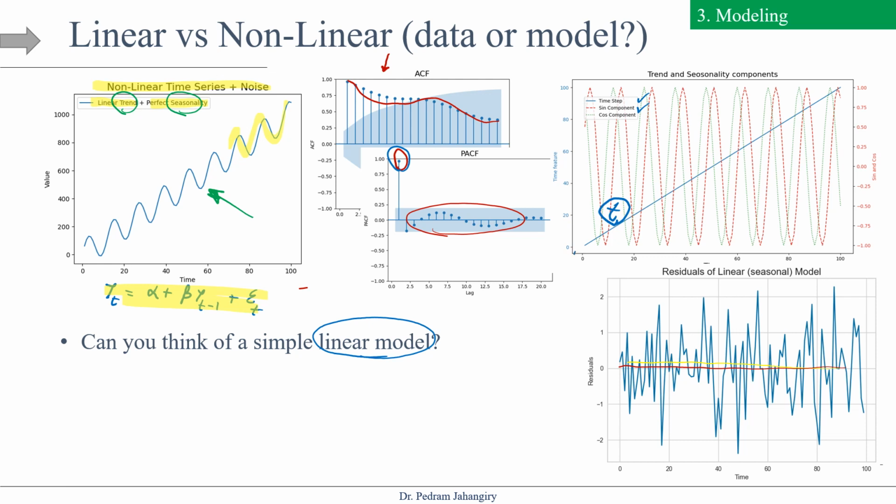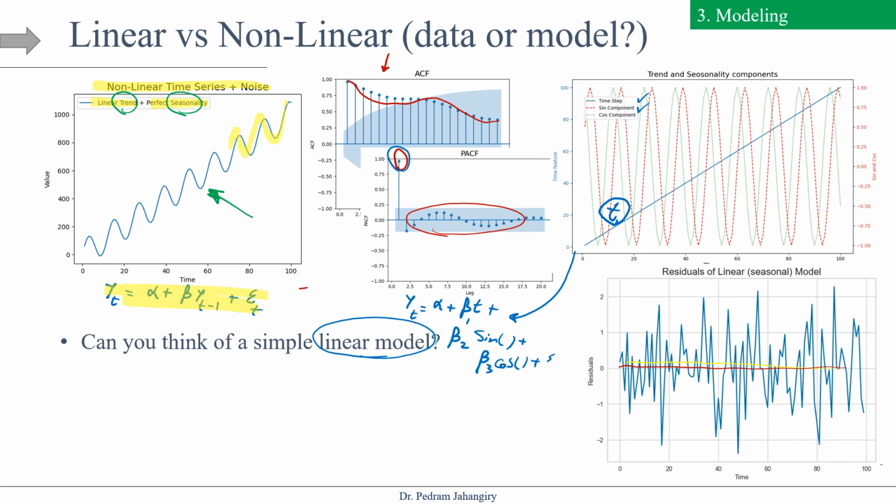So my second model is going to be something like this. Yt is equal to, again, you can think of a constant plus, I have beta 1 multiplied by t. This is my feature number 1. Then I have beta 2 sine, then I have beta 3 cosine, right?